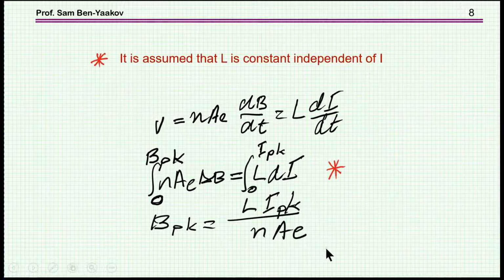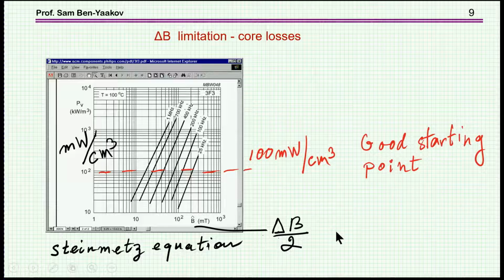Now, we have to realize that this is all approximate, because when doing this integral, I am assuming that L is constant, which is incorrect. In ferrite, it's not so bad. In powder core, it's much worse, but in ferrite, we still have some variation of the inductance as the current goes up. So again, this is a first order approximation.